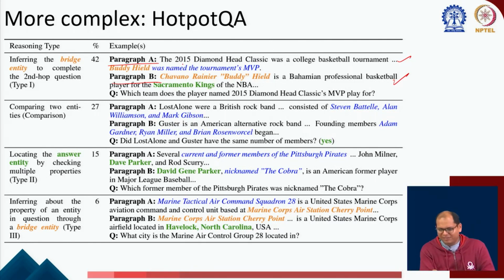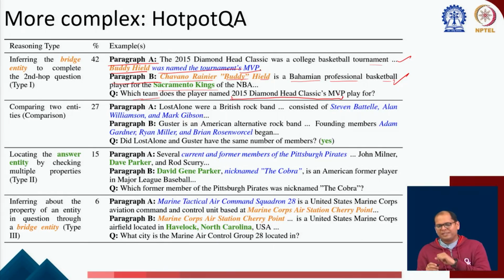Like here, the 2015 Diamond Head Classic was a college basketball tournament, and Buddy Hield was named the tournament's MVP. And Buddy Hield is a Bahamian professional basketball player for the Sacramento Kings of the NBA. These are the 2 paragraphs, and your question is: which team does the player named 2015 Diamond Head Classic's MVP play for, right?